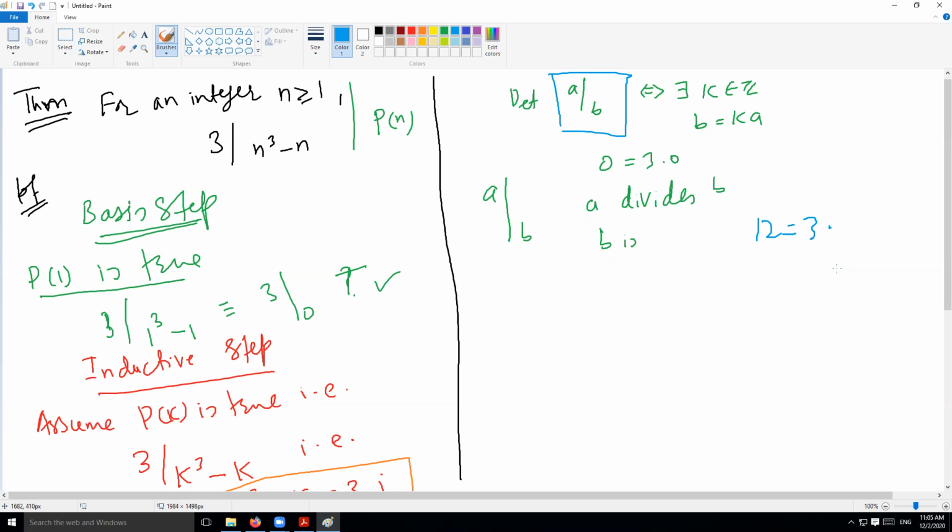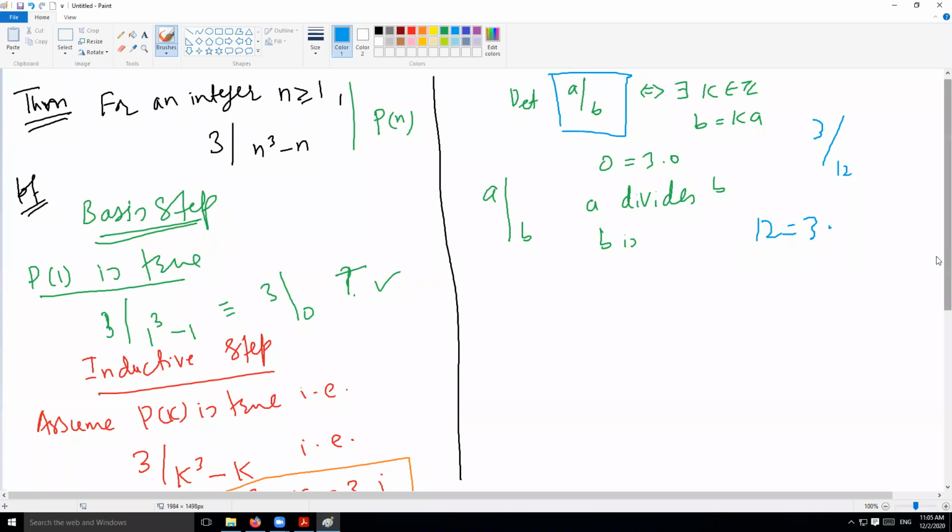When I say that 3 divides 12, this means there must be a number which, when you multiply with 3, gives 12.